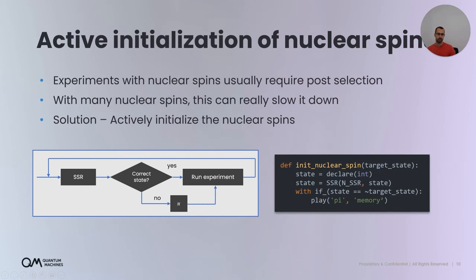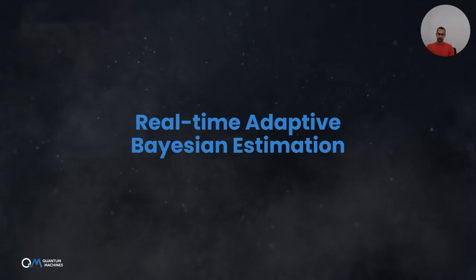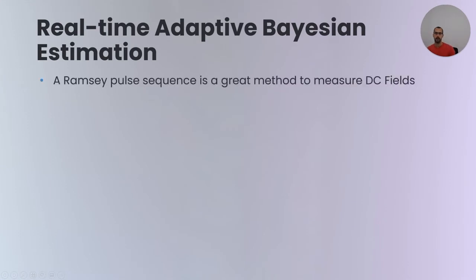Okay, the last thing I want to talk about is real-time adaptive Bayesian estimation. As you know, this has already been talked about in this session. Ramsey pulses are used quite a lot to measure DC fields. And you accumulate phase, which depends on the field and the time in which you do it.